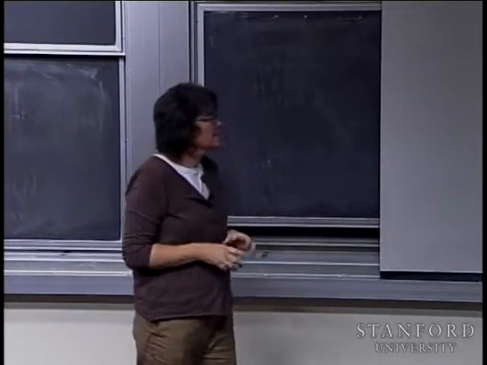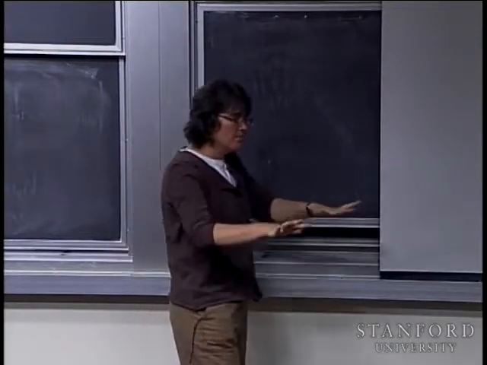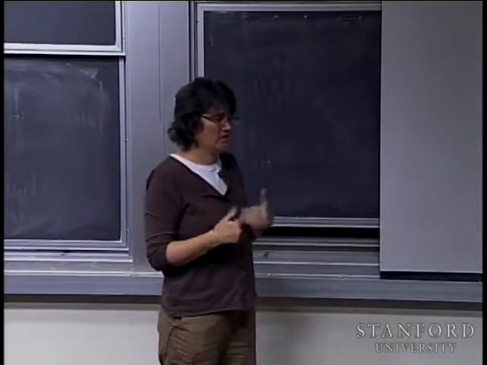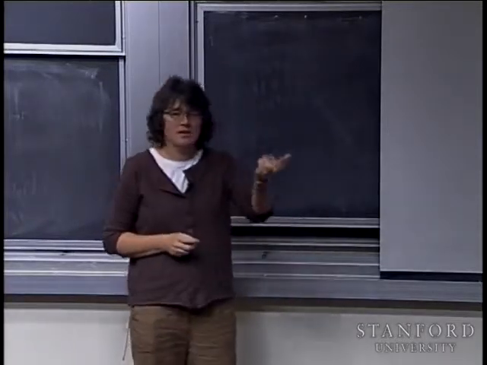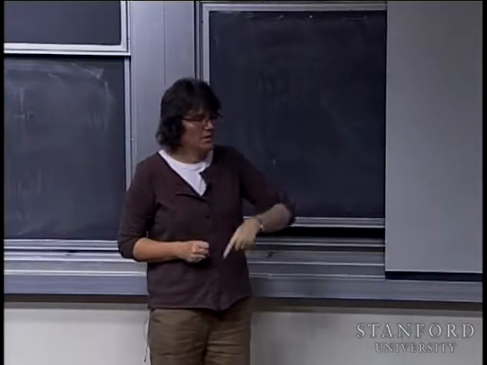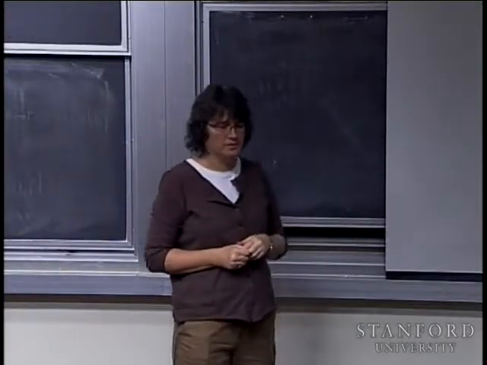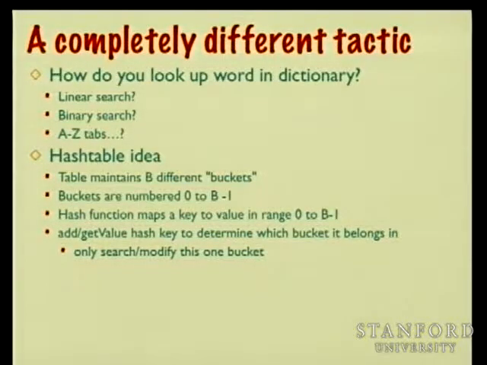Okay, so let's take this idea that there's going to be some strategy for how we divide into buckets, and we call that strategy the hash function. Given a key, and B buckets, and we'll just label them with numbers, 0 to the number of buckets minus 1. So if, let's say, I have 99 buckets, I've got 0 to 98.